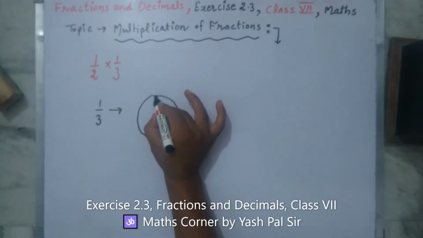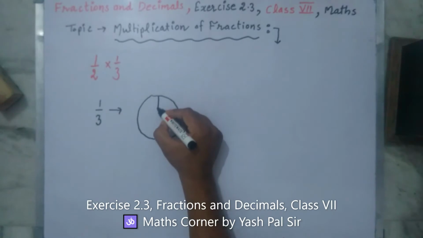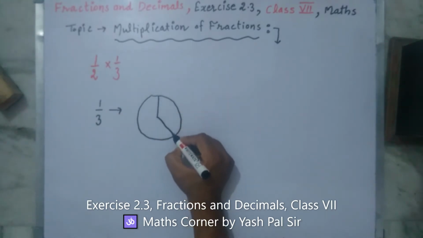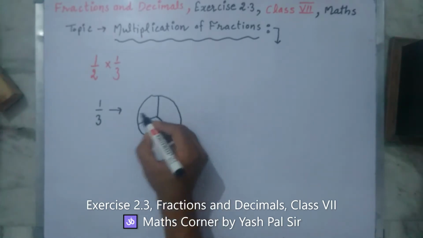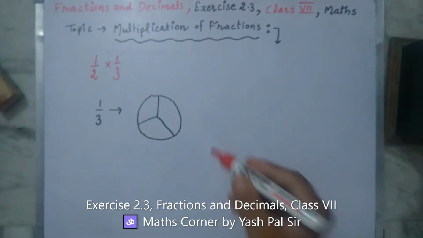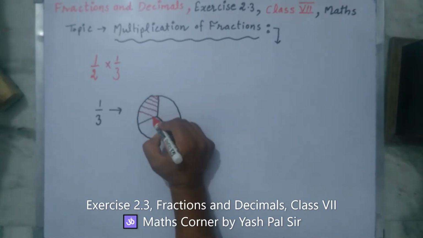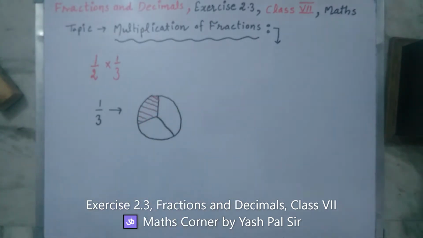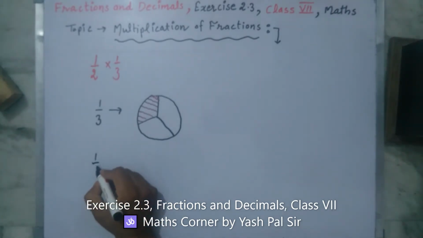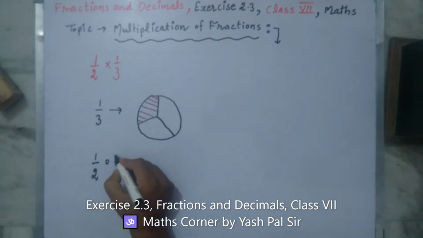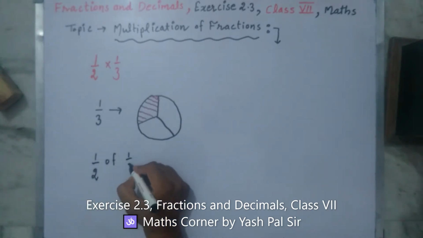If we divide this complete circle into 3 equal parts and one part of the circle is shaded, this part is called 1 by 3. Now what is 1 by 2 of 1 by 3?